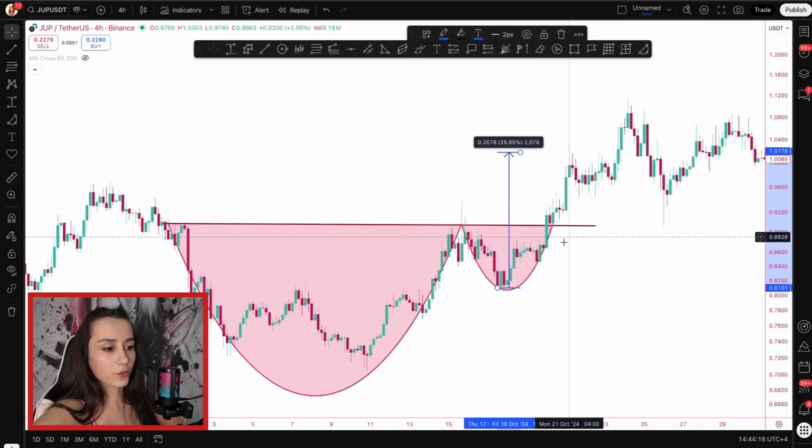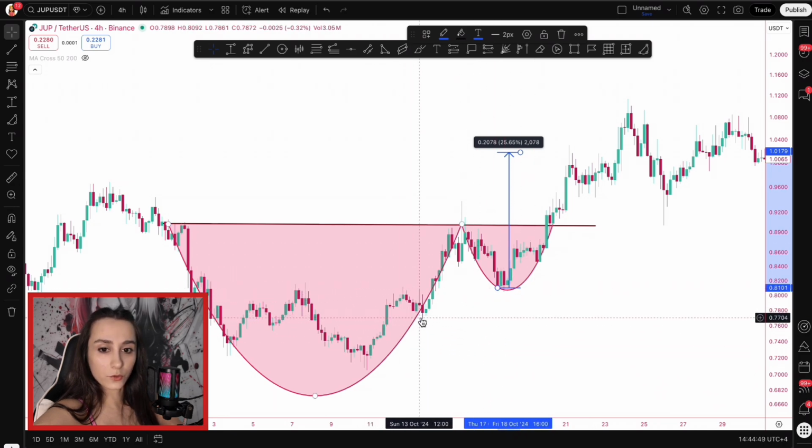So when I put it here, as you can see, it came exactly to the right price, 25%. When the candle happens, you know that this cup and handle cannot drop, cannot make a lower low than the previous one.